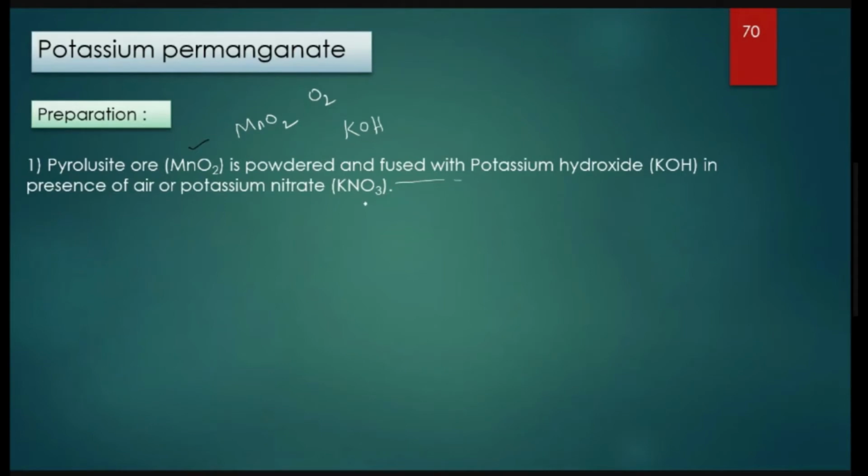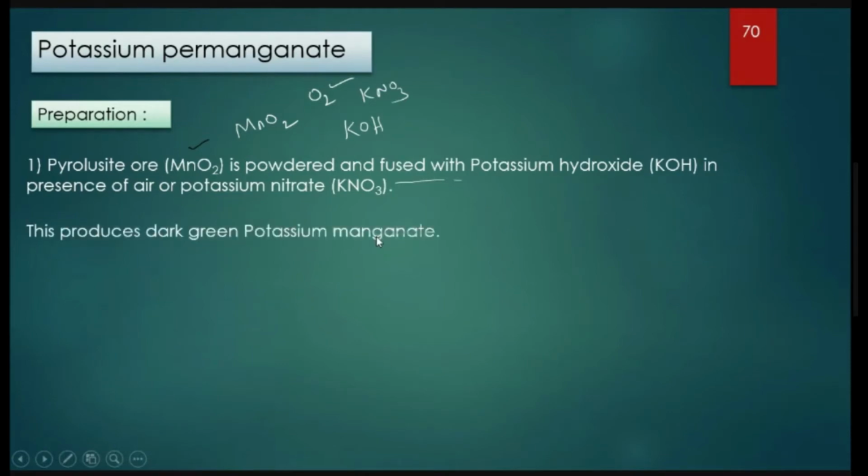Either you can use oxygen or we can use nitrate, which is an oxidizing agent. So what happens then? This produces dark green colored potassium manganate.